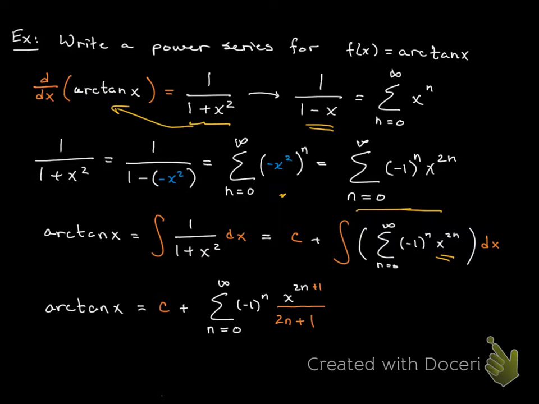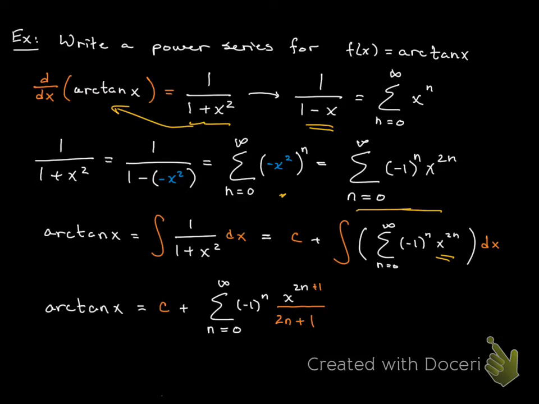That's it. That's all I've got. That's all I need to do to find a series for arctangent of x. I use what I know about geometric series, a sum of a convergent geometric series, and I relate that to the derivative of arctangent, undo the derivative by an antiderivative.